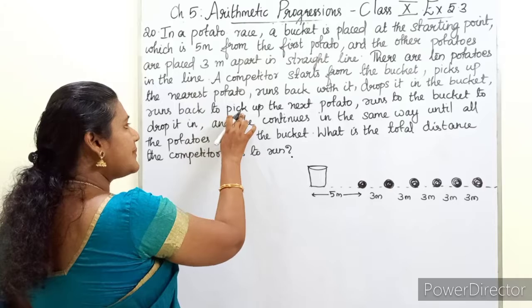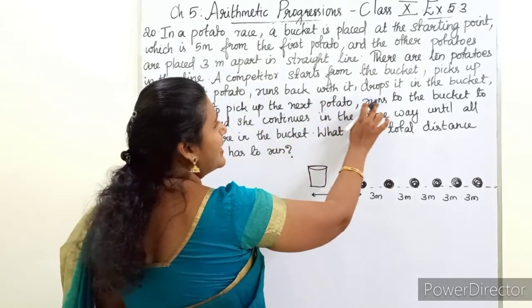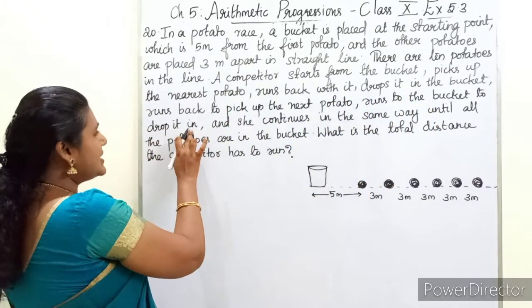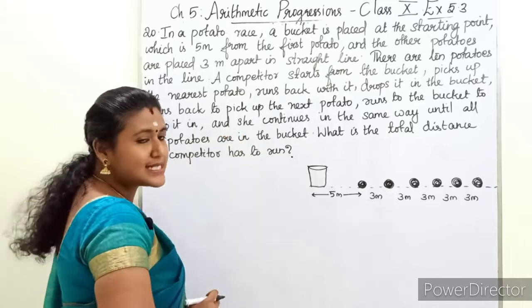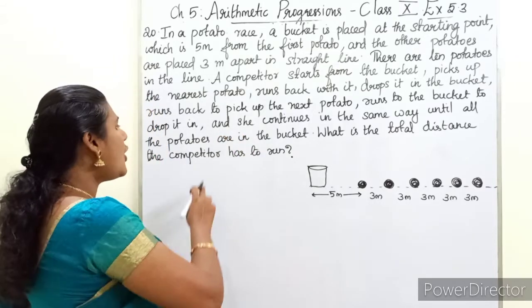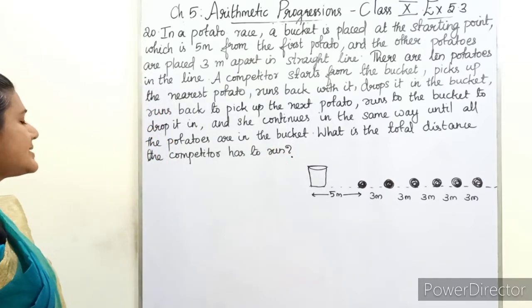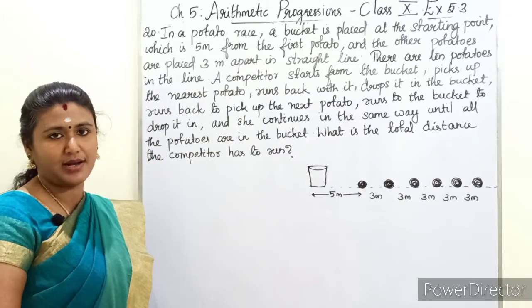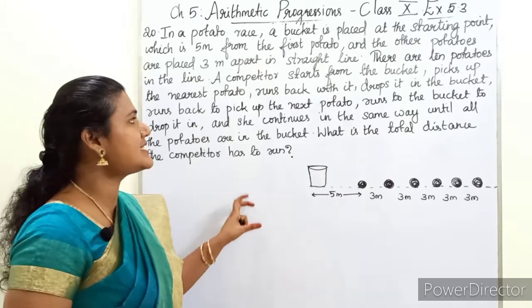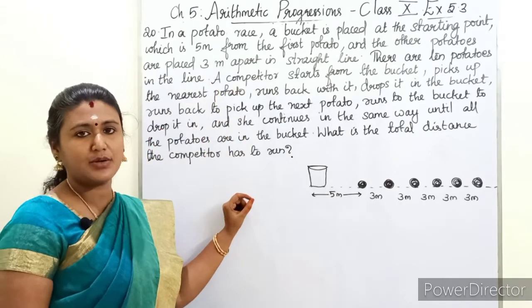Runs back to pick up the next potato, runs to the bucket to drop it in, and she continues in the same way until all the potatoes are in the bucket. So what is the total distance the competitor has to run? Before doing this sum, first we need to understand the question.